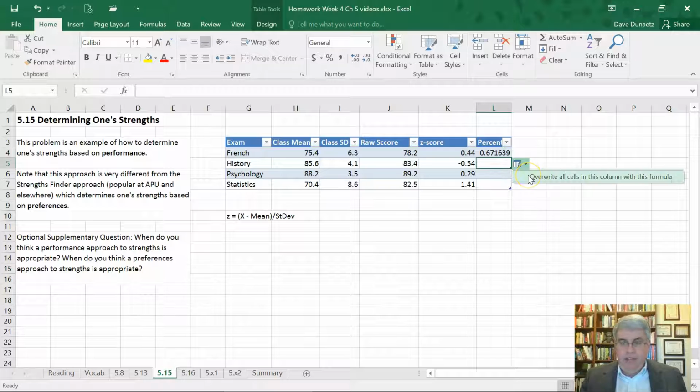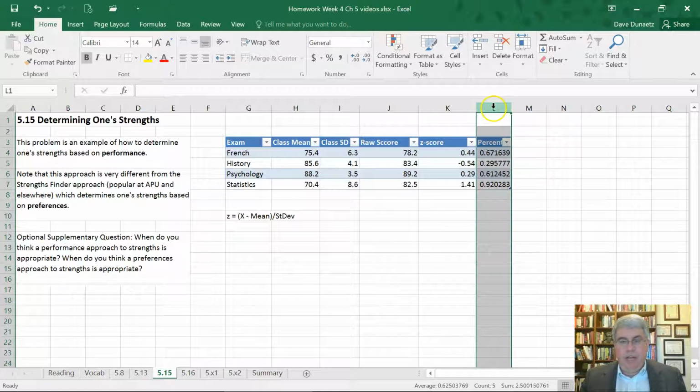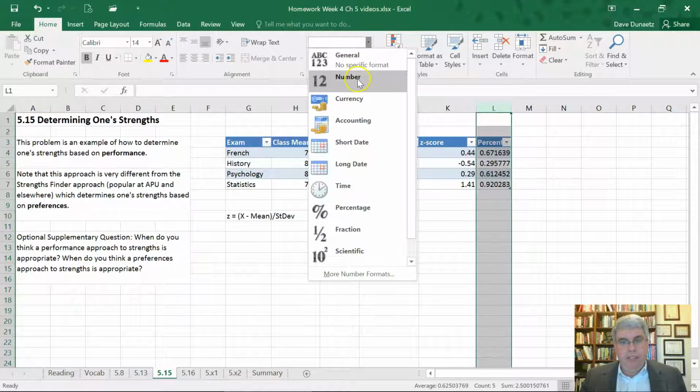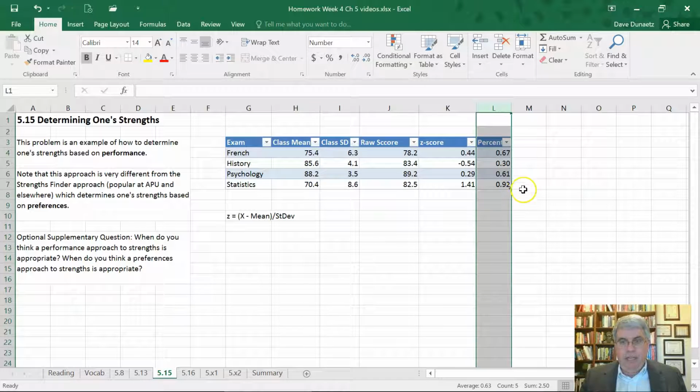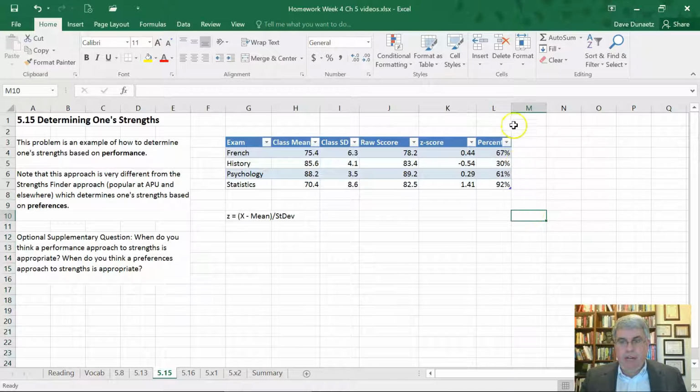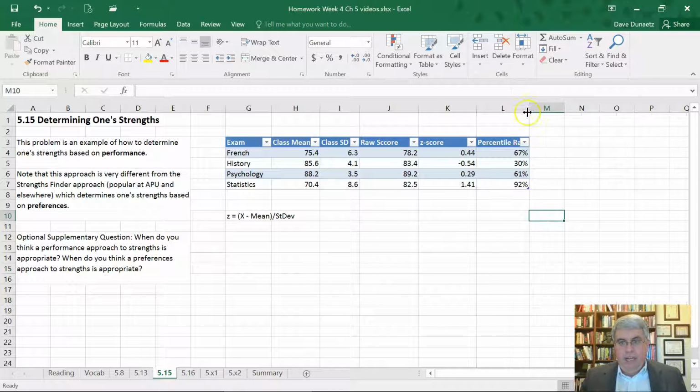Let's complete this column, and let's highlight the whole column, go to home, number, to get the percentile rank. In fact, let's change this to percentages. And we've got the percentile rank for each class.